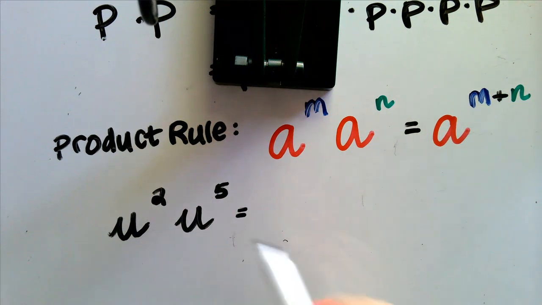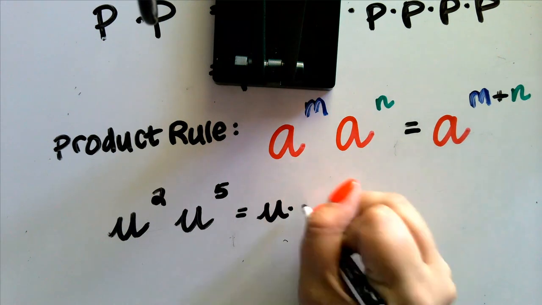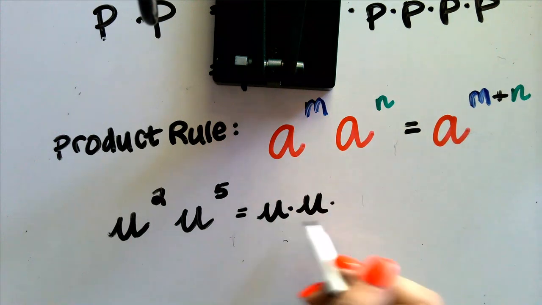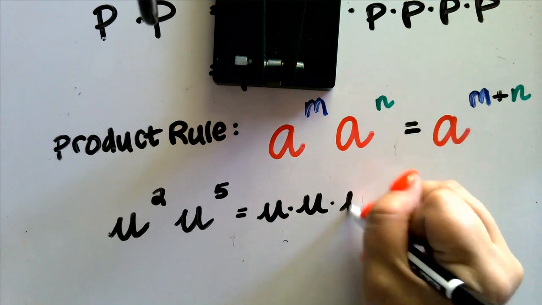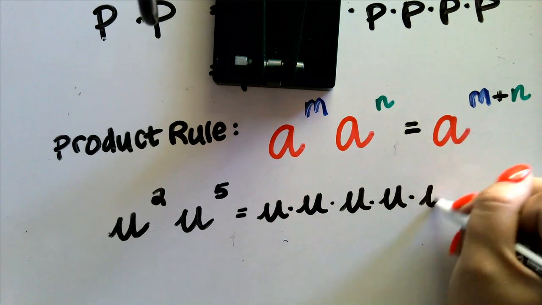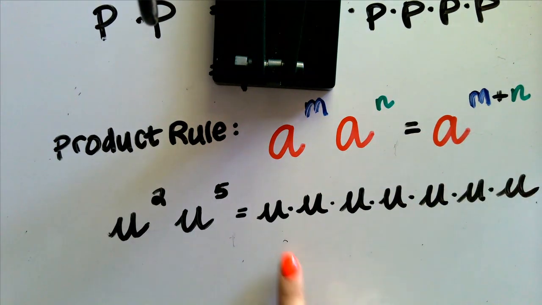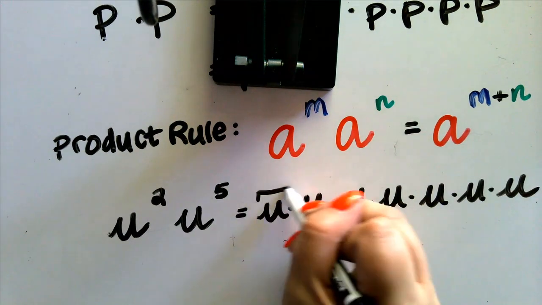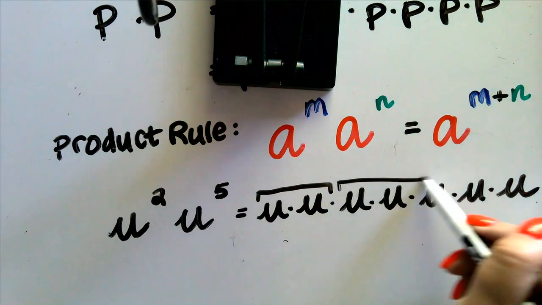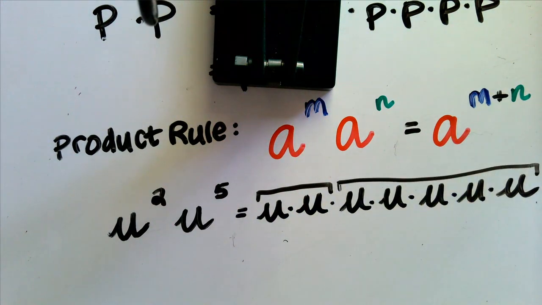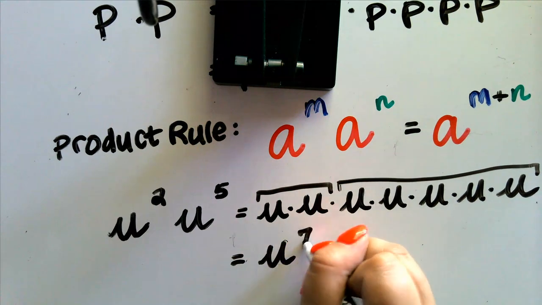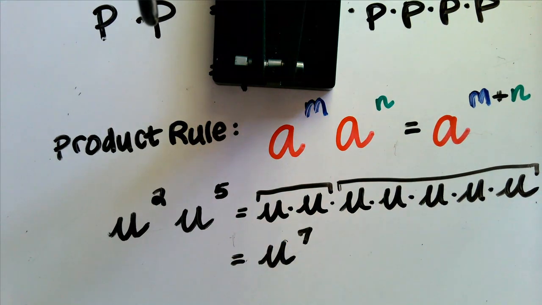But just in case we forget, let's write it out. u times u, that's u to the 2nd, times u, u, u, u, u to the 5th. We know that our result is u to the 7th power.